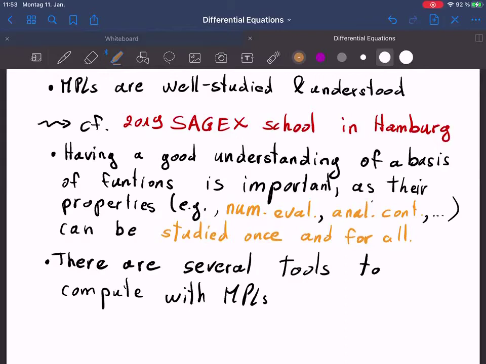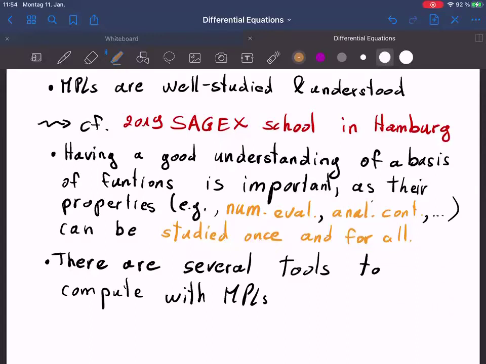But it would also mean that for every problem that you want to solve, you would have to sit down again and understand these integrals. You would need to code up routines to evaluate them numerically. You would have to understand how to analytically continue them to all the different kinematic regions. If you know that you get a class of special functions that is well understood, that problem has probably been solved once and for all.